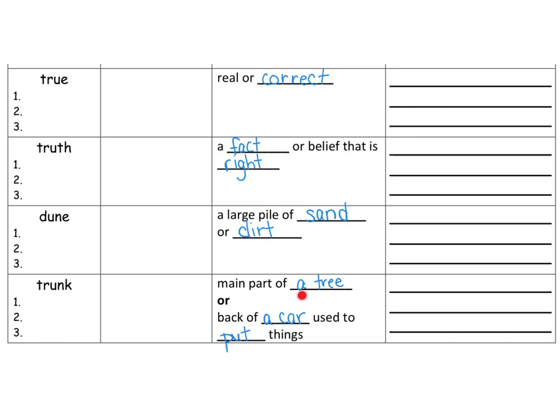So you can use either one of these definitions, either talk about the tree, and this big part is the trunk, or you can talk about a car. Okay, my drawing's not super great, but this is the back of the car, and this part right here is the trunk. So, go ahead, write your sentence, and make sure you write each of the words 3 times.